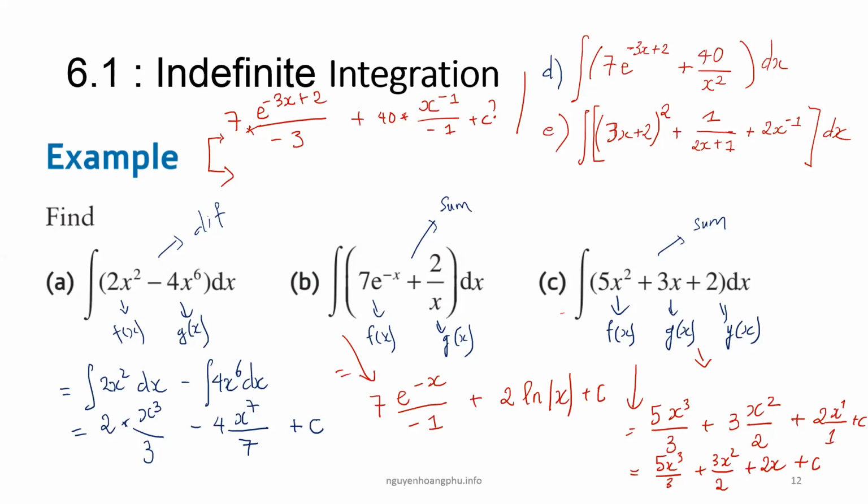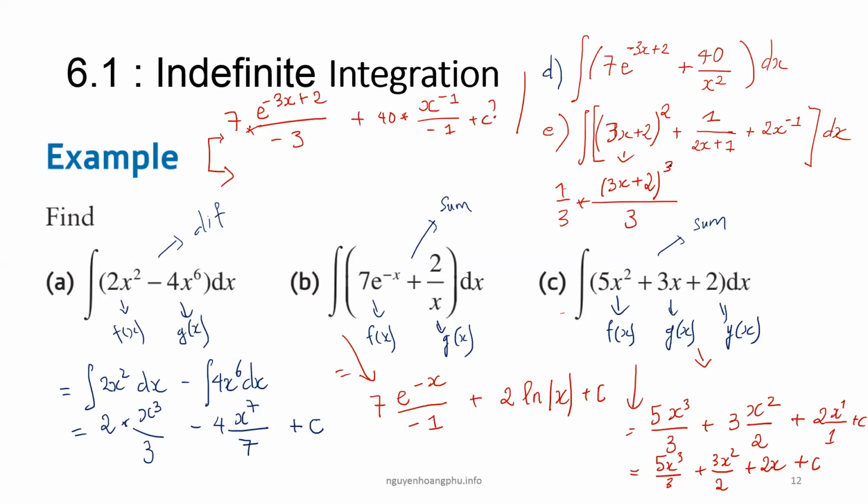For the next ones, this one will be equal to (3x plus 2) power 3, and then divided by, here is going to be 3 multiplied by 3.